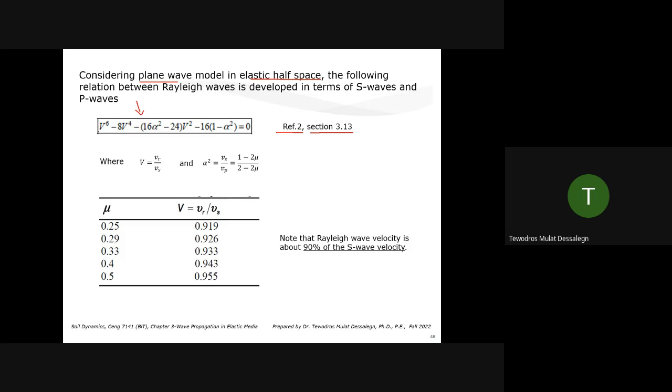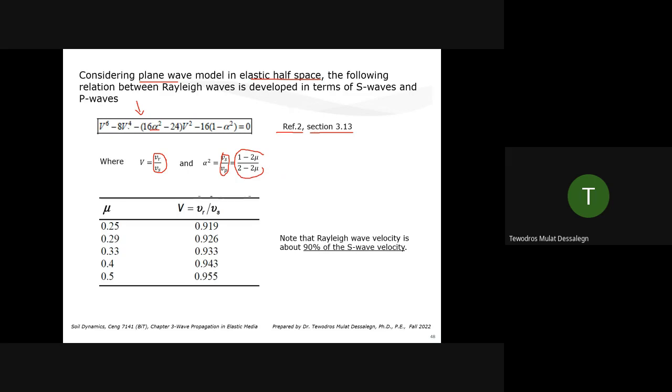The capital V you see here is the ratio of Rayleigh wave velocity to shear wave velocity. And alpha you see here is the ratio of shear wave velocity to P wave velocity. And this is just in the form of material properties, such as Poisson's ratio.